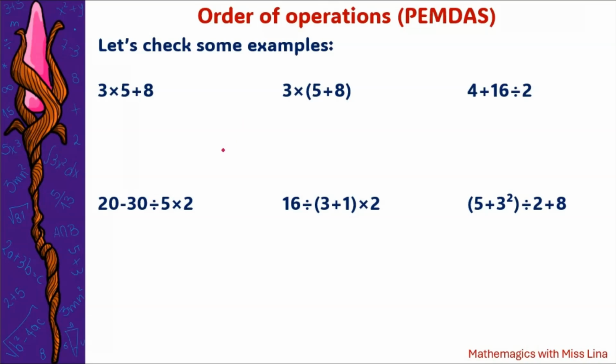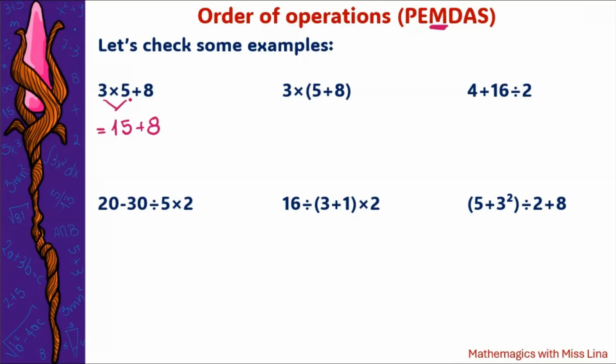Let's solve these operations here. I have the PEMDAS word, so I'm going to use it to know which operation to do first. In this one, multiplication and addition come up, and multiplication goes first. It is useful to solve it this way, organizing going down.